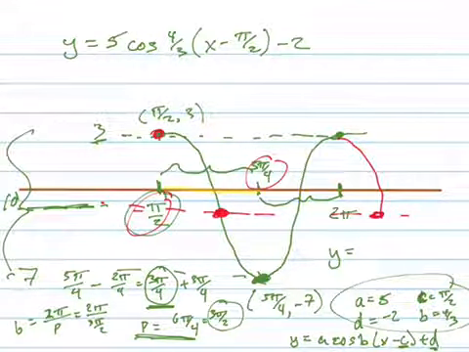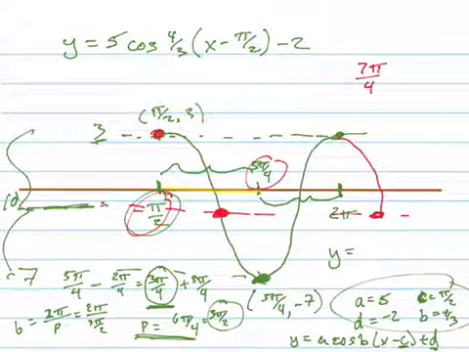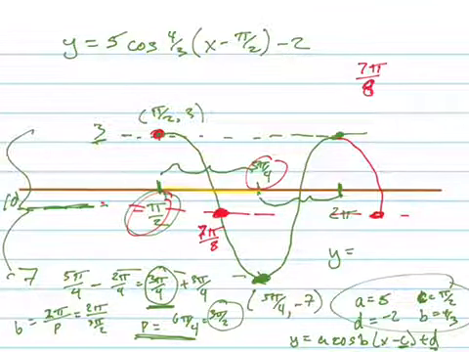What's the midpoint between those? You add them and divide by 2. That's going to be 7 pi over 4 divided by 2, which is 7 pi over 8. 7 pi over 8 is that point right there.